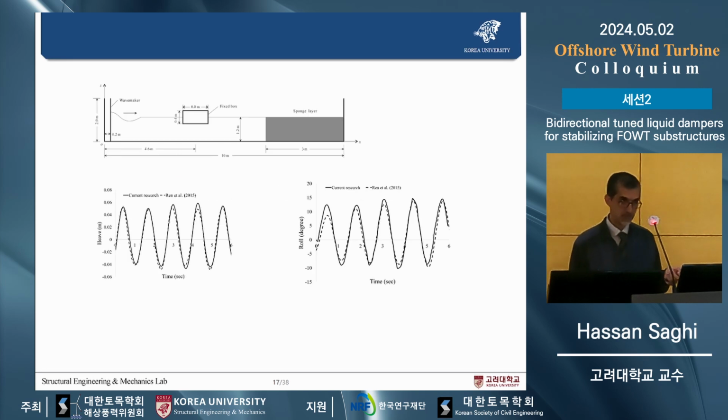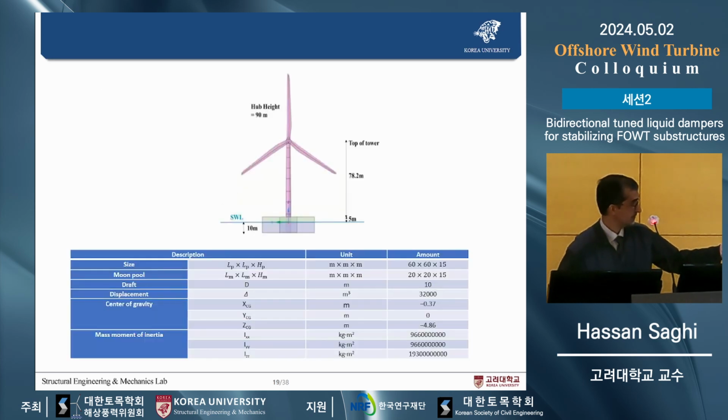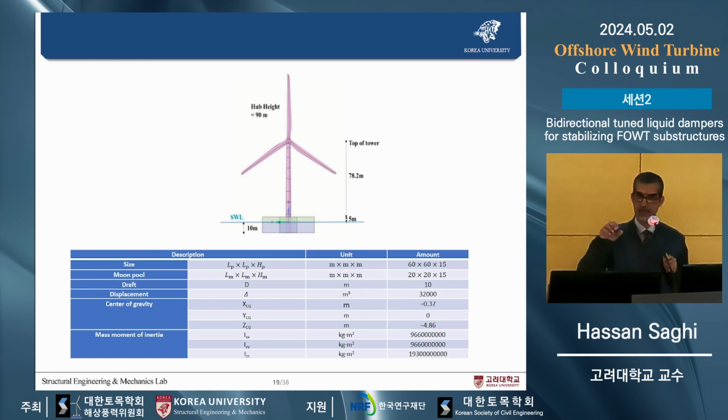Okay, after development of the code, we validated the model. Here I only present one of the test cases. And after the model validation, first we developed a code to model only the floating offshore wind turbine substructure.